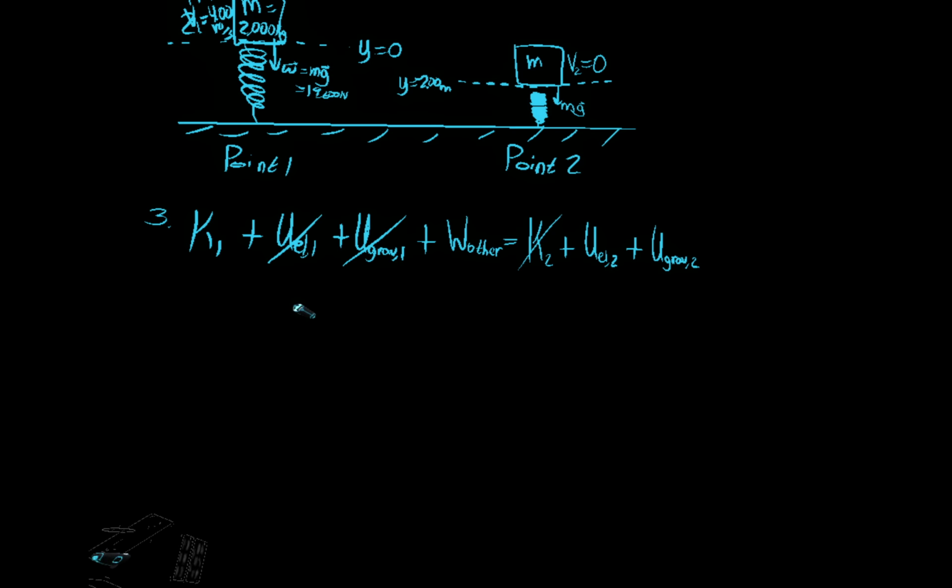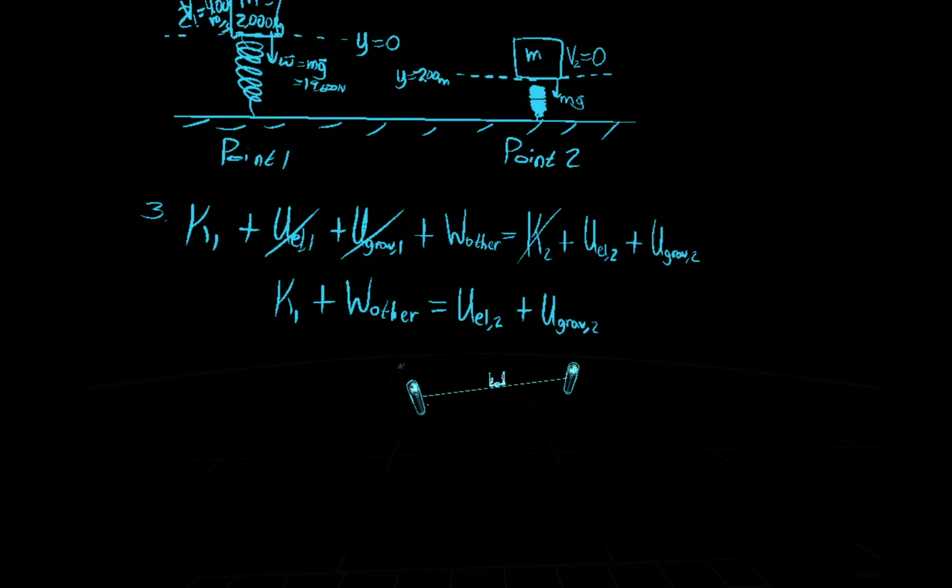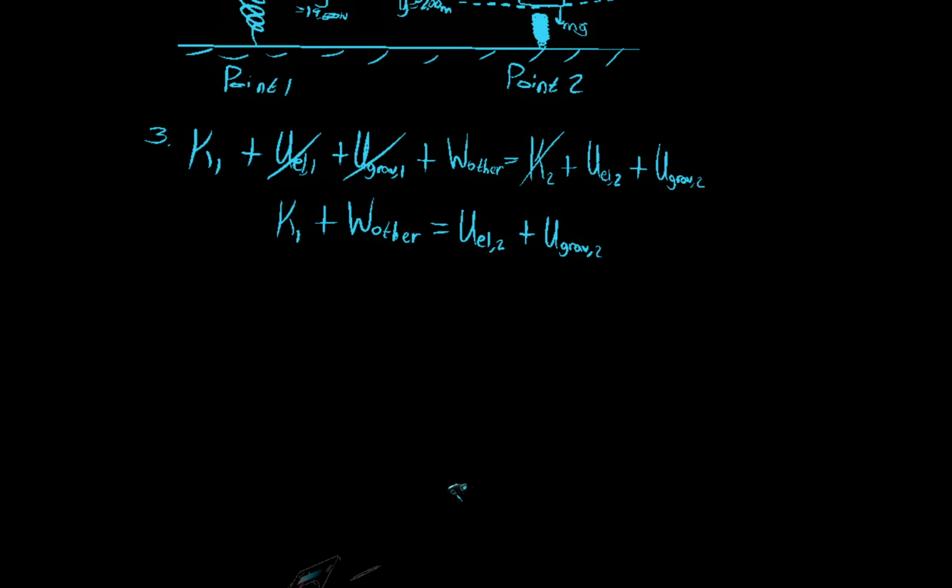So if we rewrite this without our 0 terms, K1 plus work other is equal to U elastic 2 plus U grav 2. All right. Next step is to fill in actually what these are.